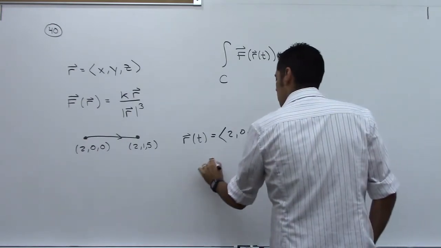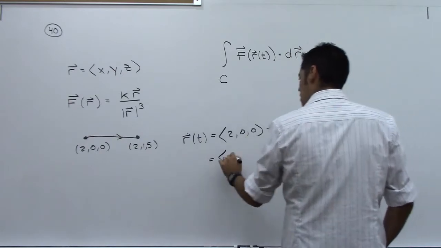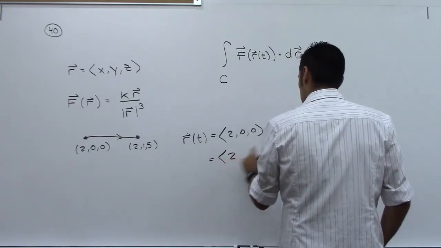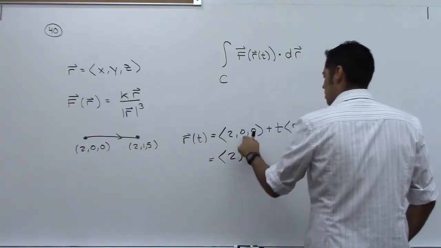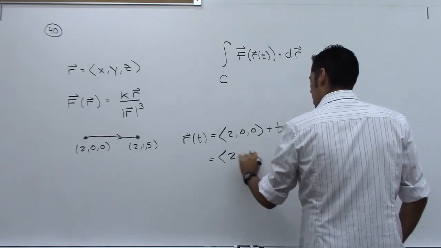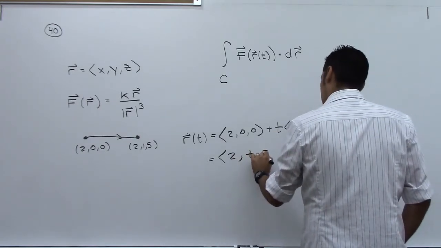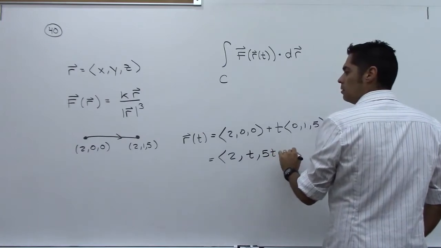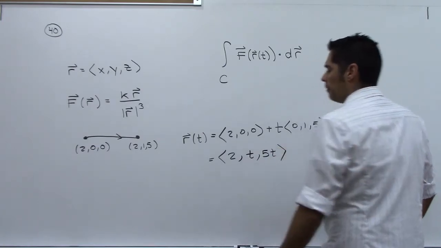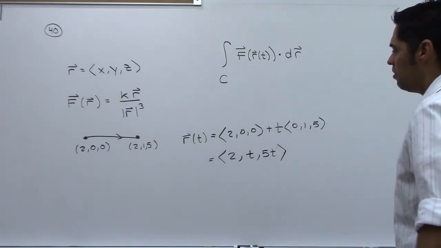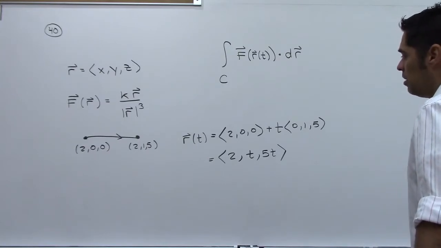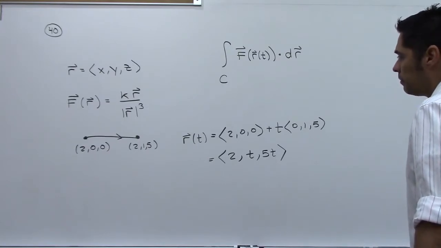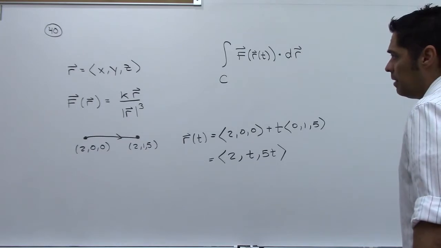And so this equals 2, and then we get t, and then 5t. There we go. So there's the parametric representation for the line segment.